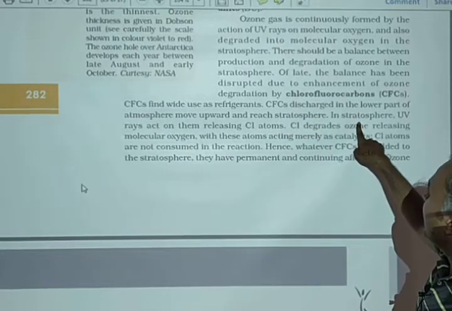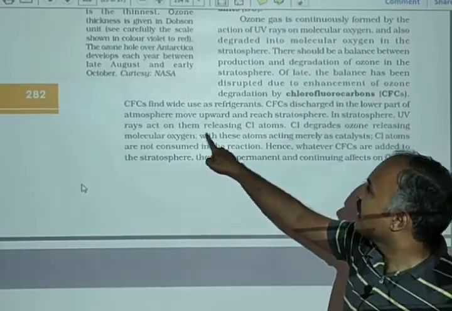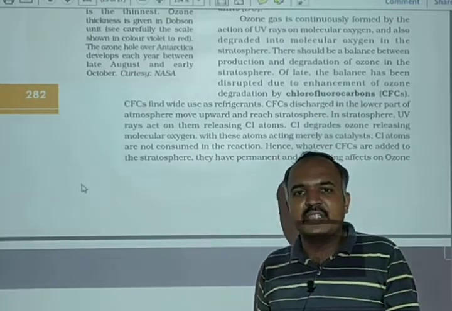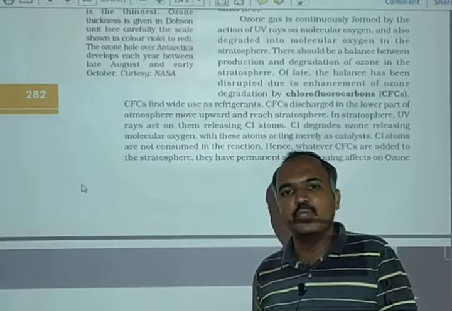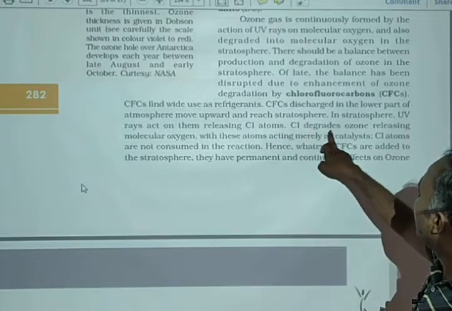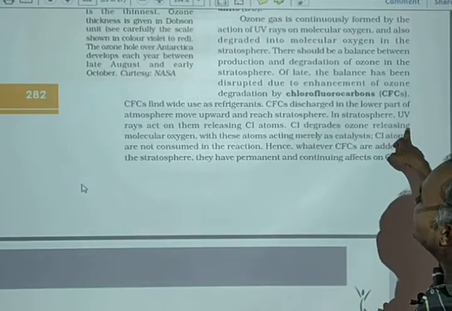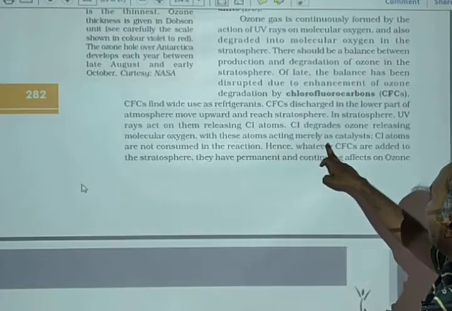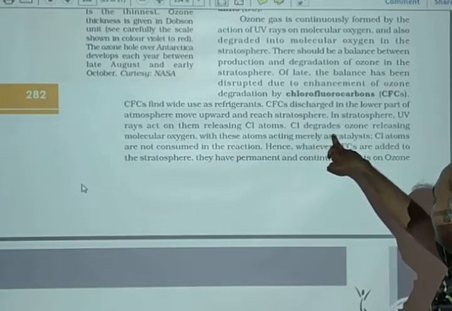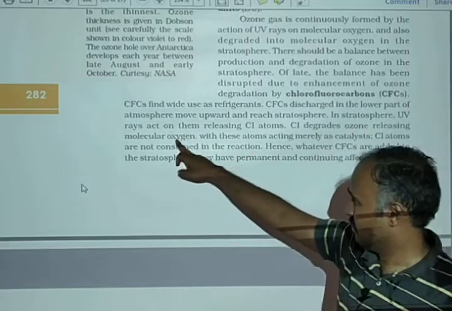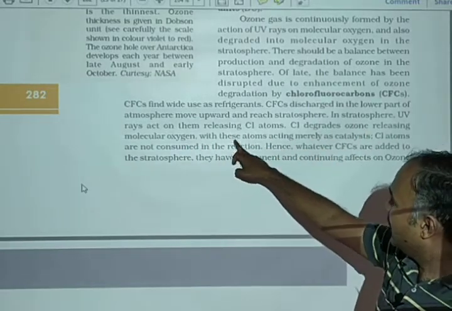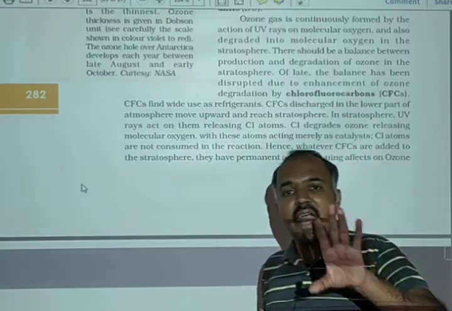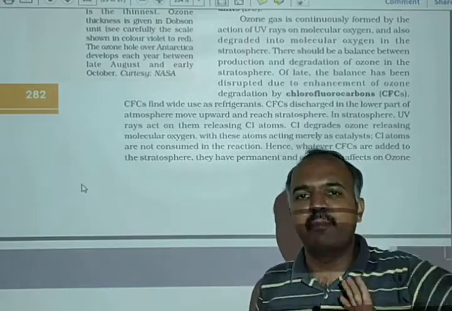In the stratosphere, UV rays act on them, releasing chlorine atoms. Chlorine degrades ozone, releasing molecular oxygen, with these atoms acting merely as catalysts. So chlorine acts as a catalyst in the ozone depletion process.